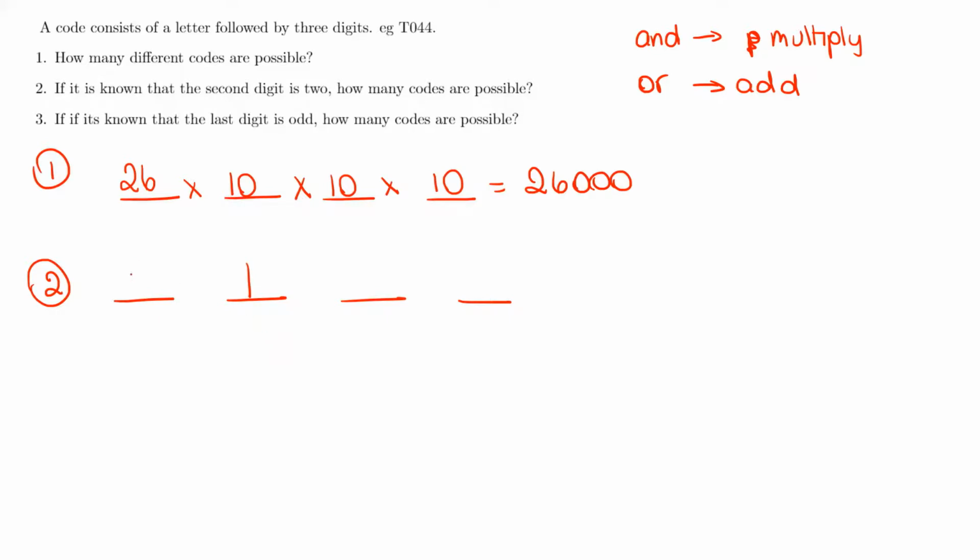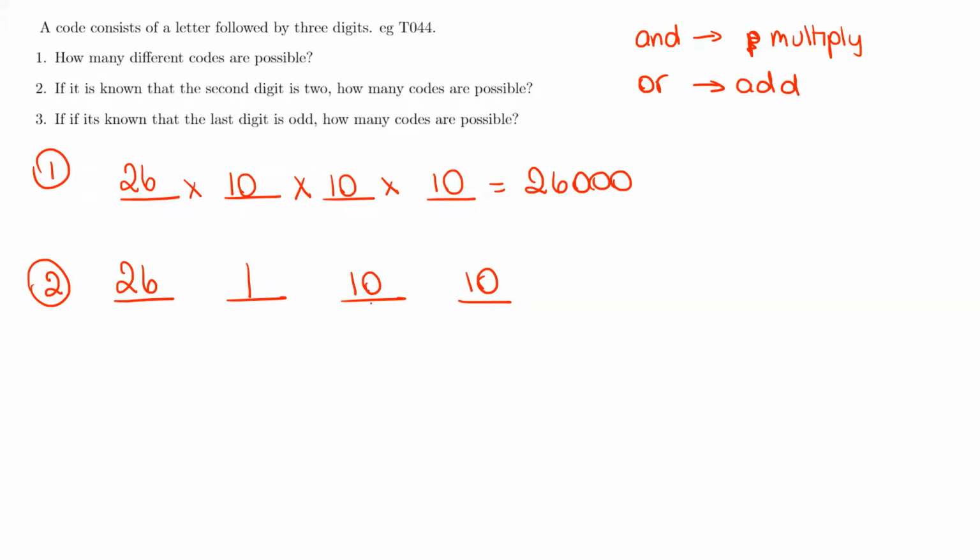How many choices do I have for the first one? Well, the first one can be a letter. There's 26 letters to choose from, so I can choose 26. The third one, well, it can be any number between 0 and 9, so that's going to be 10 choices. And the fourth one as well is going to be 10 choices. So I have 26 choices for the first one. I have 1 choice for the second one.